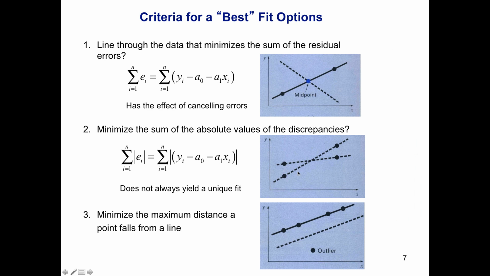And this line is doing a great job with these 2 points, but awful with the others. And this line is doing a great job fitting these 2 points, but awful with these. Whereas if I use squares, then I would go somewhere here, and that is lying in between all 4 of them, trying to take all contributions evenly. Also, absolute values are not so mathematically nice.